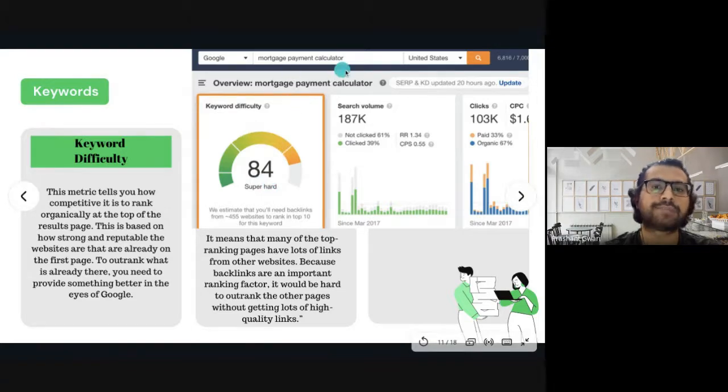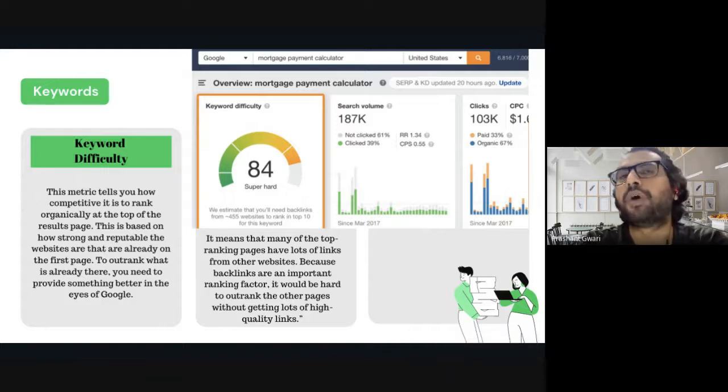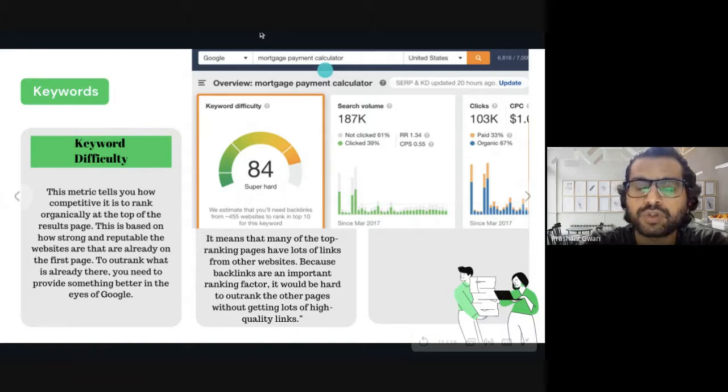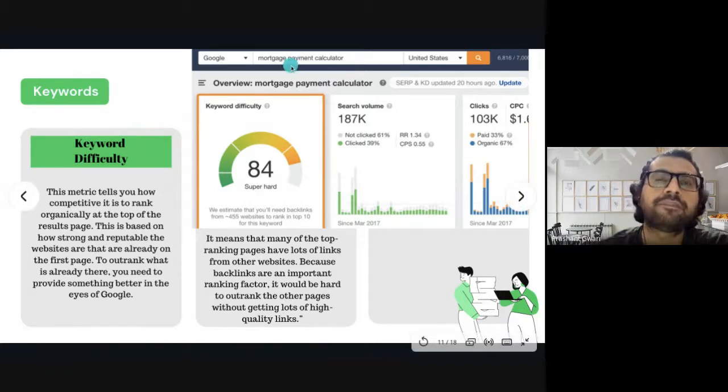Like mortgage payment calculator. In the US, everyone takes a mortgage on their houses, and they want to calculate how to pay this mortgage. So if you have some kind of application where you can calculate your mortgage, and you are providing this application, and you are using it on your blog or website, and if you target this keyword, you will find 84% keyword difficulty.